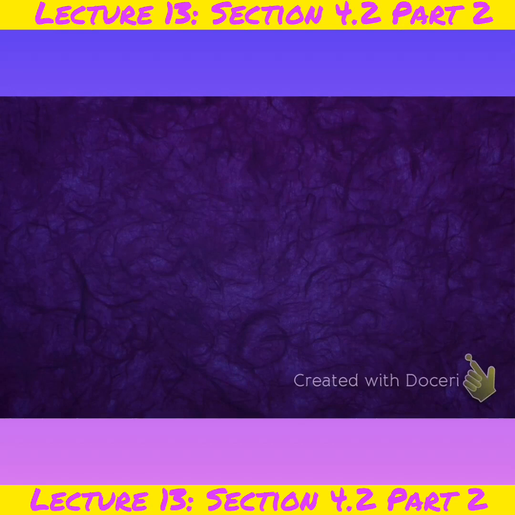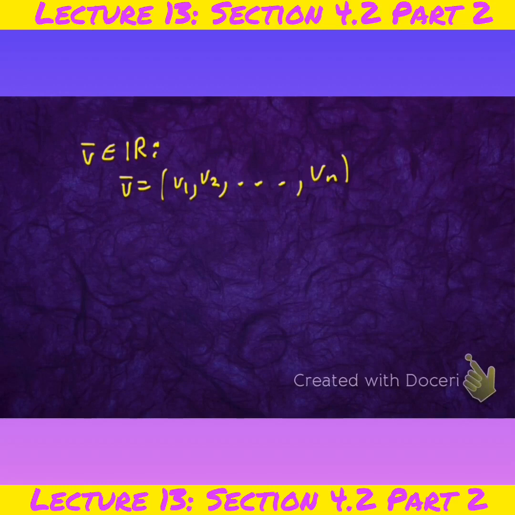If you go and look at a vector V in Rn, V has this form: V1, V2, up until Vn, and you can write that as V1 multiplied by the first standard unit vector, plus the second component, which you can write as 0, 1, and so on.